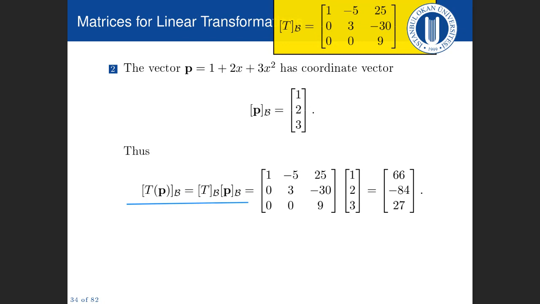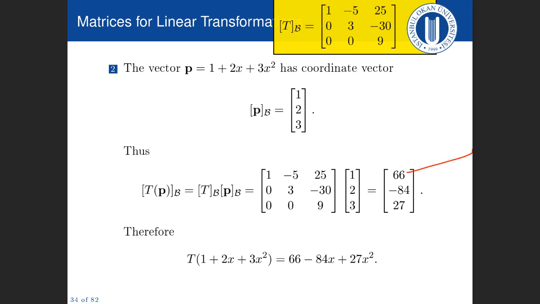So that's a matrix multiplied by a vector, and I'll leave it for you to check that we get this vector, 66, minus 84, 27. As soon as we know the coordinates for T of p, we can write down T of p. T of 1 plus 2x plus 3x squared is 66 times 1 plus minus 84 times x plus 27 times x squared.